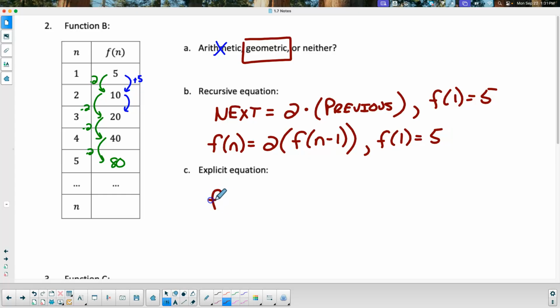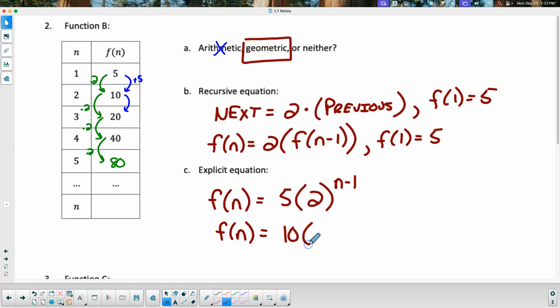Our explicit function, f of n, is going to be, we started at 5. We're multiplying by 2. That's going to be 5 times 2 to the n minus 1 power if we use that first term. If we use that second term, f of n is going to be 10 times 2 to the n minus 2 power.